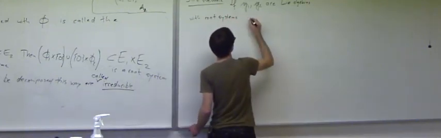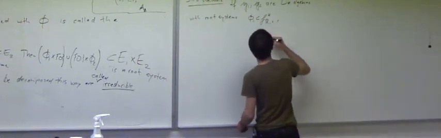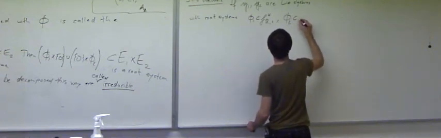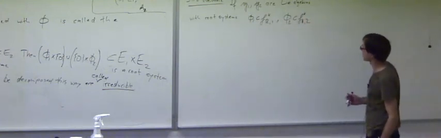So if g1, g2 are Lie algebras with root systems, say Φ1 contained in h1 R dual, and Φ2 contained in h2 R dual. Well, these are the root systems of these Lie algebras.